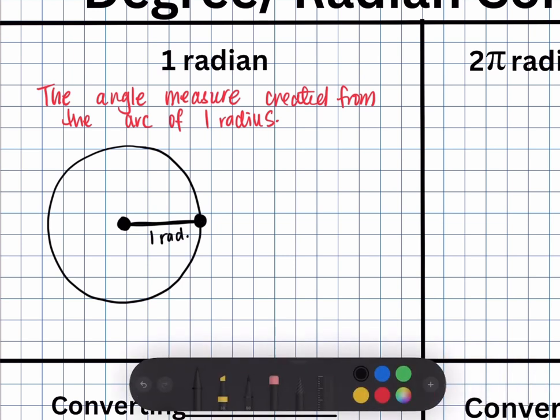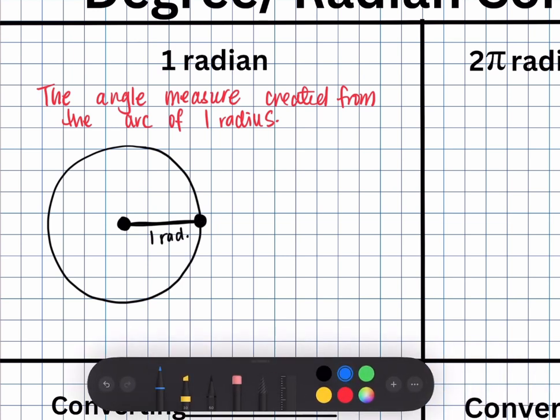And in order to create a radian, I would need to take this measurement and measure it on the circumference to create an arc. And this angle that's created in here is one radian, okay? So let me show you with numbers.